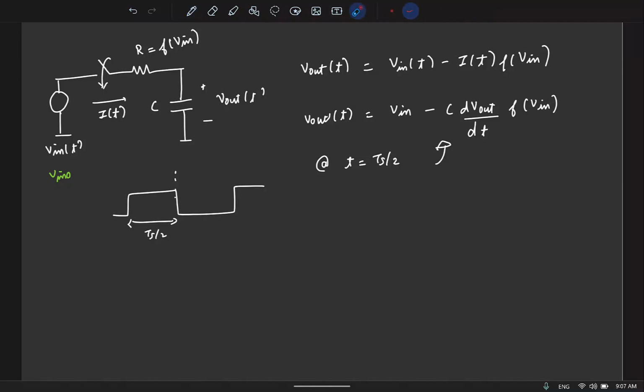So this is clear. Let's say we assume the input is constant, which means that over the time interval for which the switch is on, the input is constant. Say it's some V naught, and in that case, the output is going to rise exponentially like this, right? And if the output is rising exponentially like this, what can you say about the slope of the output here?